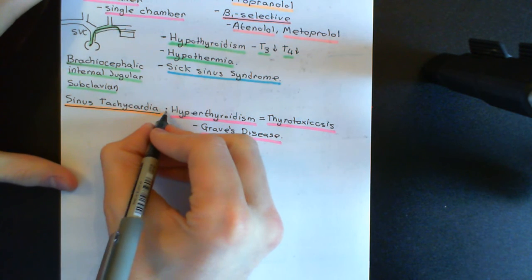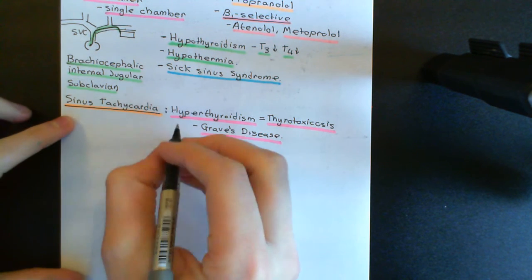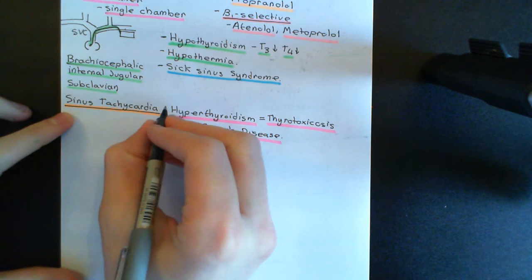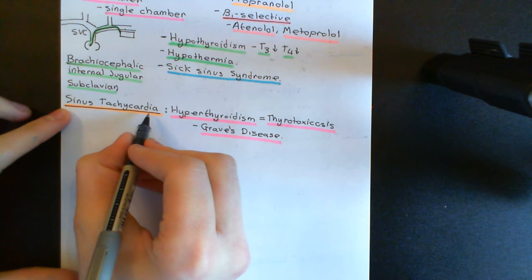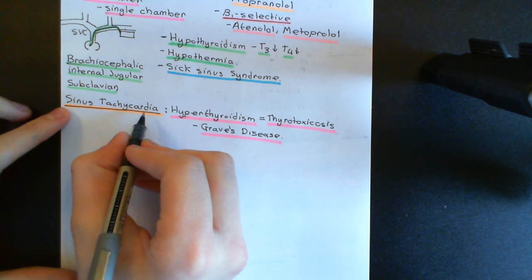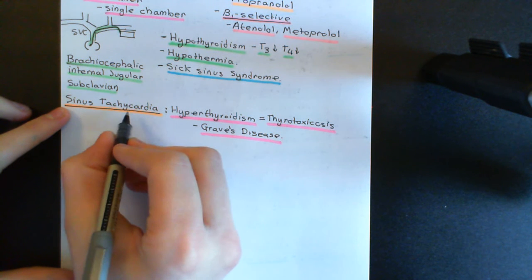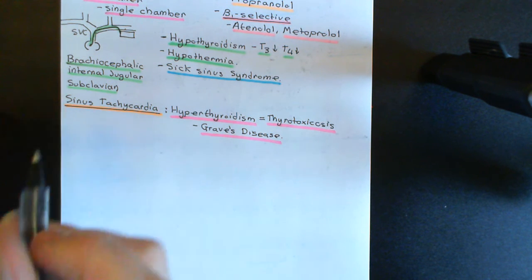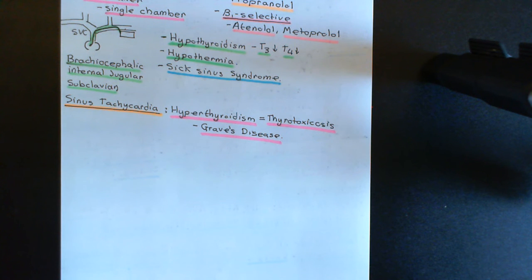Another thing to be aware of is that if you've got something that leads to overstimulation of the beta-1 adrenoreceptors on the sinoatrial node cells, that can lead to sinus tachycardia as well. Now, what could lead to overstimulation of the beta-1 receptors on the sinoatrial node cells? Well, of course, drugs could, but there is another cause.